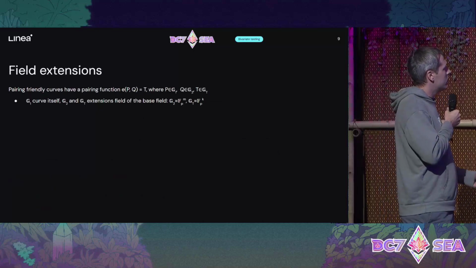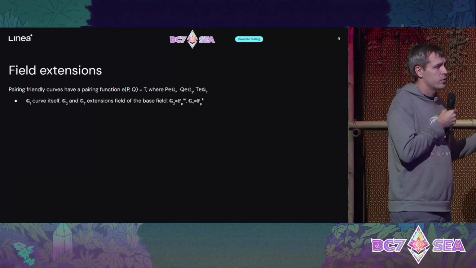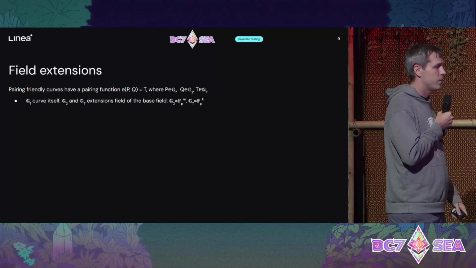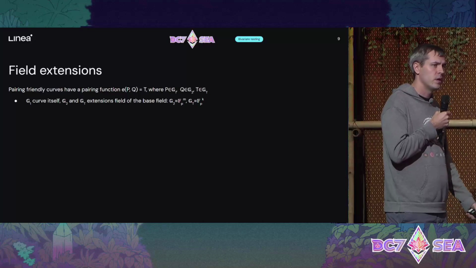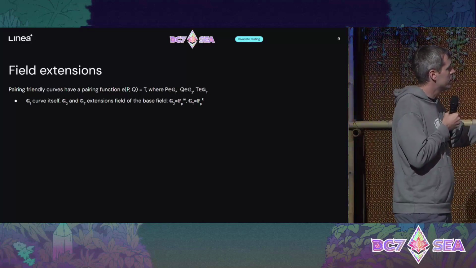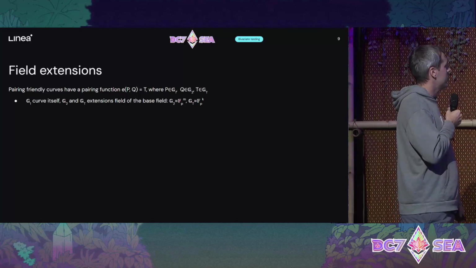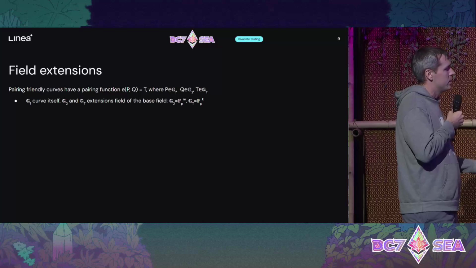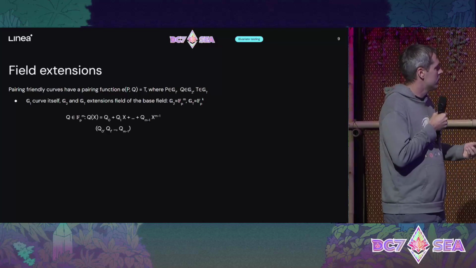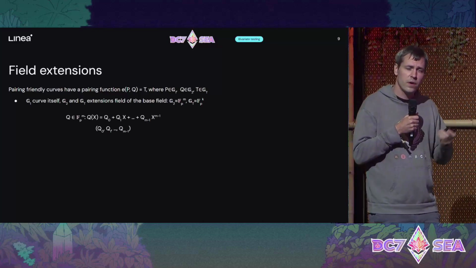When we compute the pairing, the computations in a pairing happen in different groups. They happen in the group of the points, but also in the extension fields of the base field. So we have the G2, GT for the pairing, and so what are the extension fields? Essentially, extension fields are a field of polynomials where the coefficients are defined over the base field.